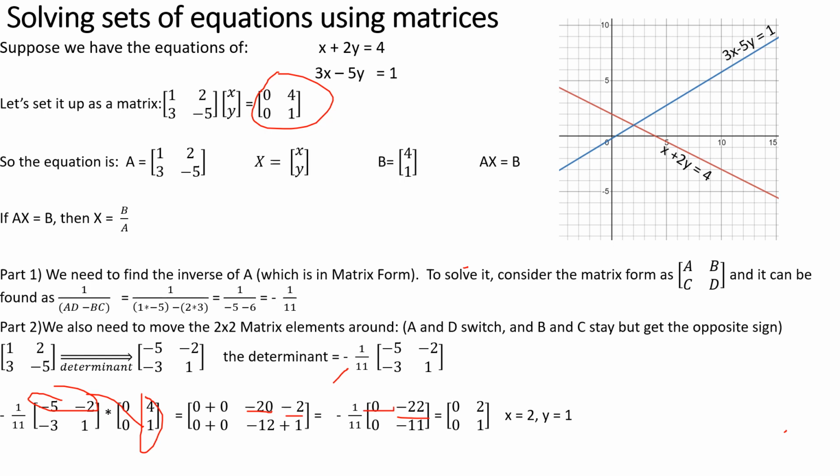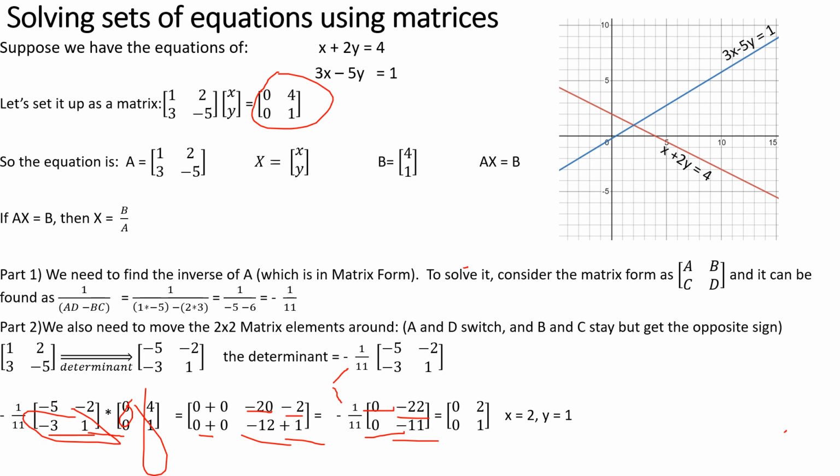Now let's do the second row, first column. That is going to be negative 3 times 0 and negative 1 times 0. That's 0, 0. And then second row, second column, negative 3 times 4 is negative 12, 1 times 1 is 1. That is negative 11.